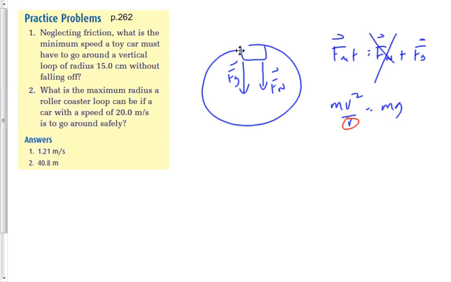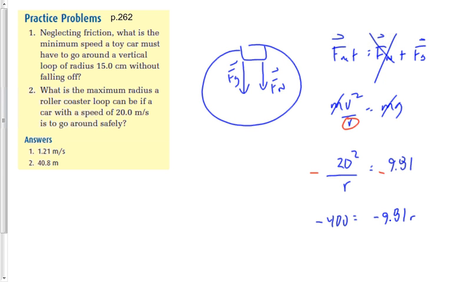Masses cancel, by the way. V is 20 meters per second. G is 9.81. Technically, we should put in negatives for both of those because they're both acting downwards. The r goes up by multiplying. It becomes 20 squared, by the way, which is 400. And then we're going to take the negative 9.81 over by dividing.